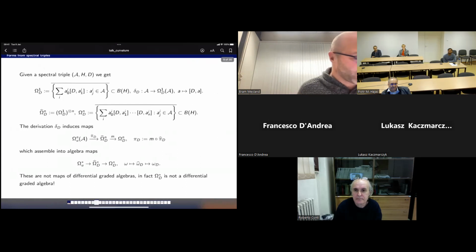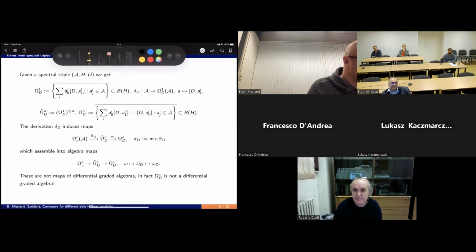So abstractly, we can just take that at face value and say, okay, given that we have a spectral triple, we then get for free a module of one forms. Here, this Omega^1_D is, for me, the closure, that's what the overline bar denotes, of all such elementary one forms and their sums.